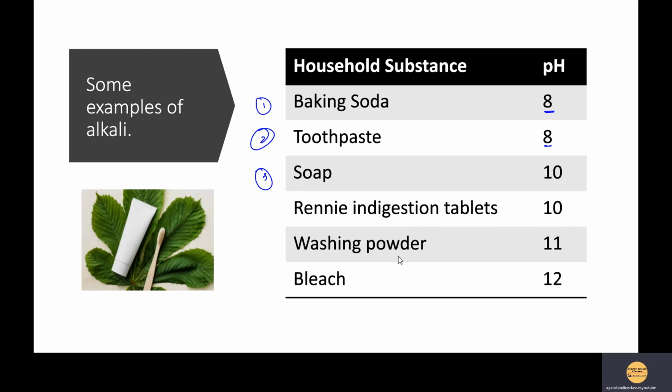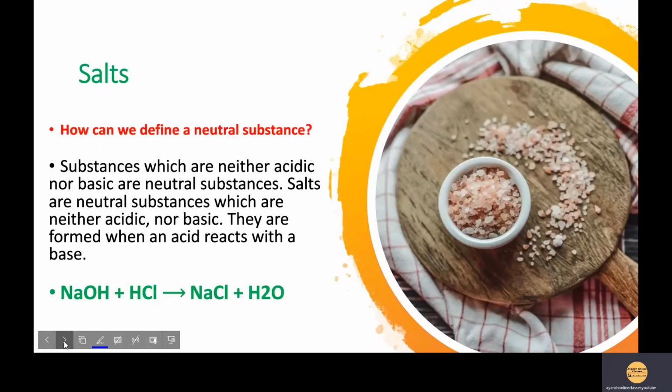Then washing powder or detergent, which we use to clean clothes, has a pH of 11. Then bleach, also used for cleaning clothes, has a pH of 12. Bases have a pH greater than 7. So these are all bases which are soluble in water, and they are called alkali bases. We have already seen this with the help of household examples.